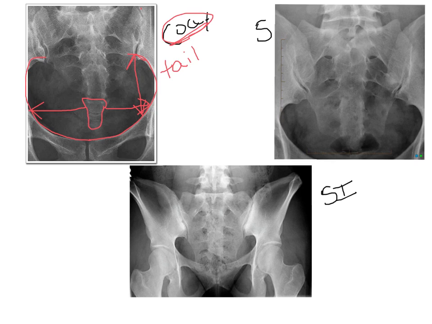Another way to look for rotation is look at this median sacral crest, which is this area right here in the middle. Is it lined up with the pubis symphysis? In this case, it is not. I'm going to erase that line real quick. And also, if you look at the coccyx, is it aligned with the pubis symphysis? And again, it is not.